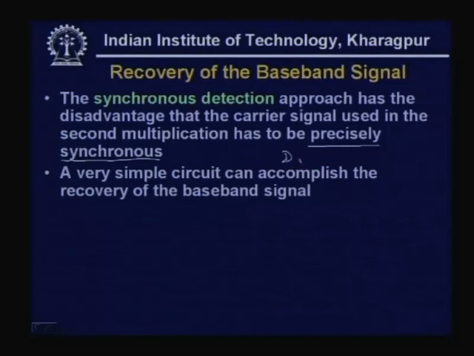That is why it is better to have a normal double sideband modulated signal. If you receive the carrier, that carrier can be used to regenerate a synchronous carrier, which can be multiplied to get back the baseband signal.